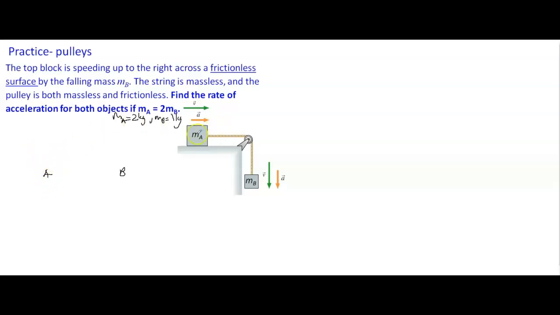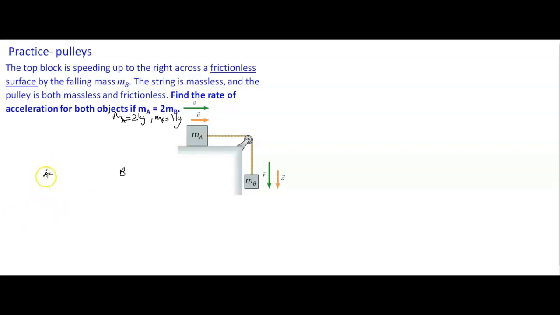So block A has a weight downwards. It's sitting upon a surface, so it's going to have a normal force pointed up, perpendicular to the surface, and it's got a rope attached to it, and ropes pull, so the rope is going to be pulling it to the right. All right.